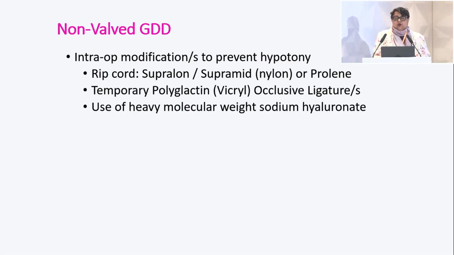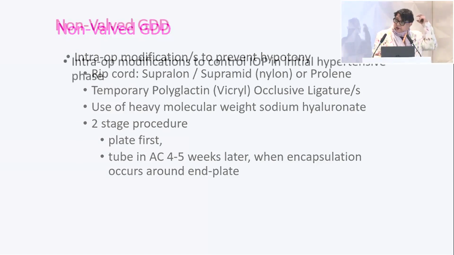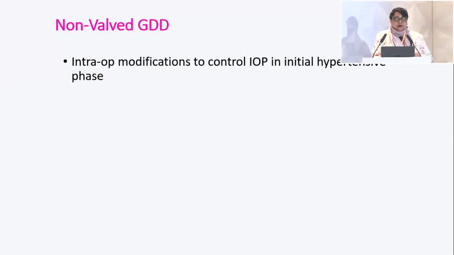You can also use a little bit of heavy molecular weight OVD, and you can do a two-stage procedure. You can first implant the plate, and then 4 to 5 weeks later, when a thin capsule has formed around the plate, you can then introduce the tube into the AC or sulcus. Sulcus is my preferred destination.